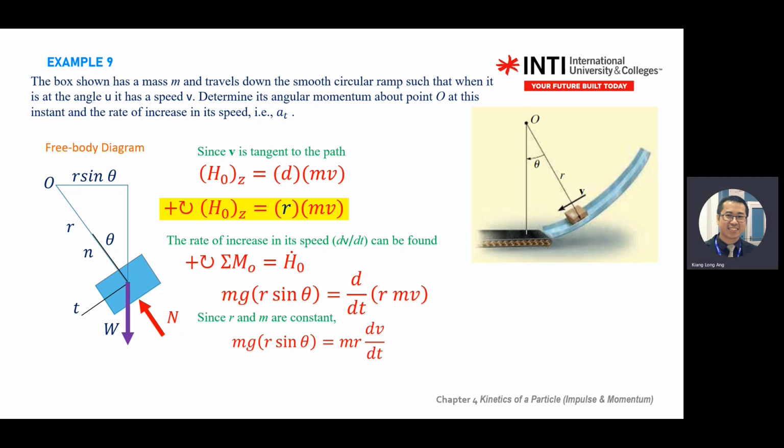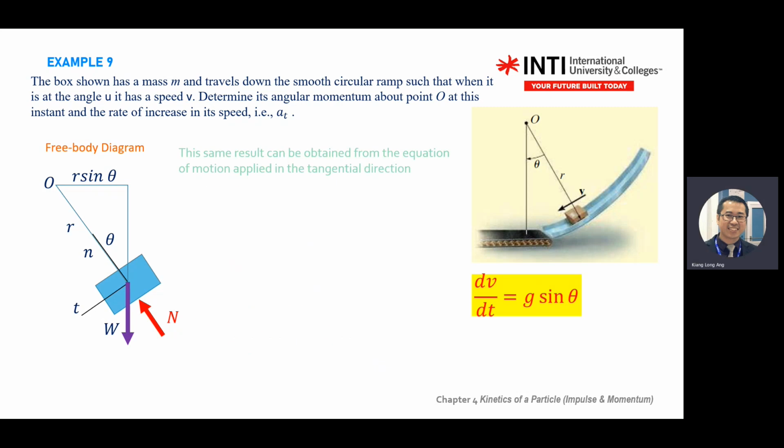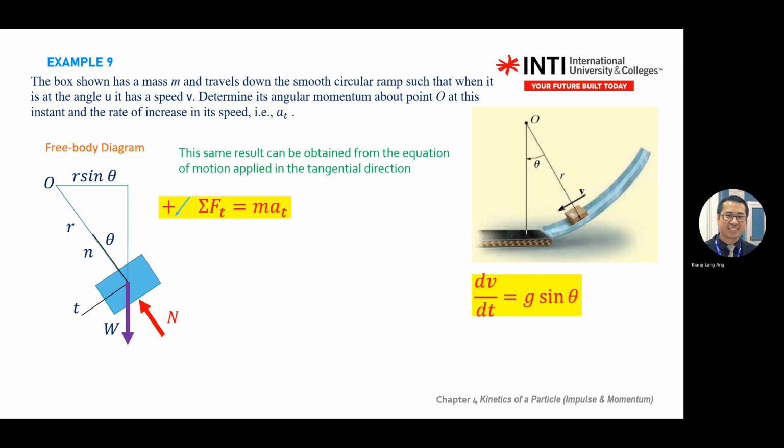So you can cancel the M, and then you can cancel the R, because R is constant. So only you arrive at g sine theta equal to dv dt. Make sense?